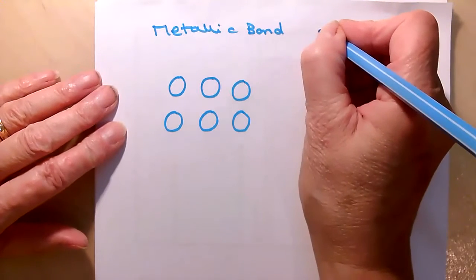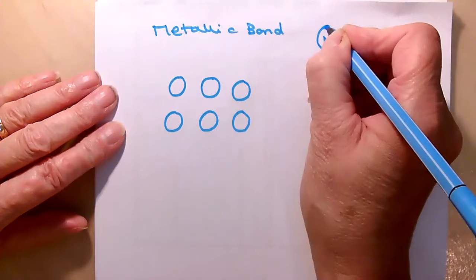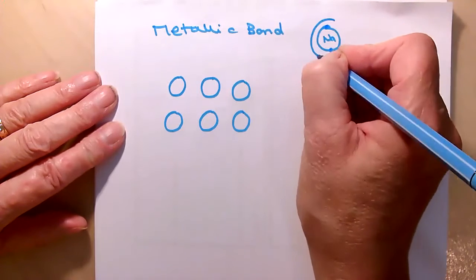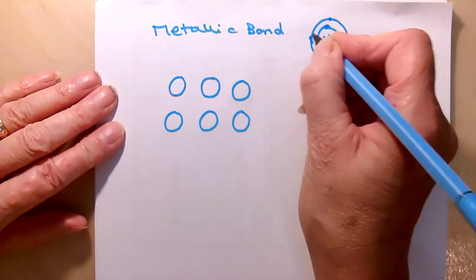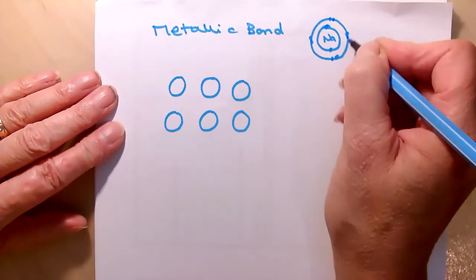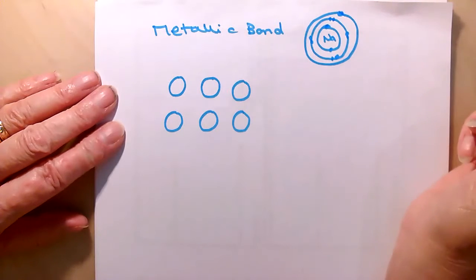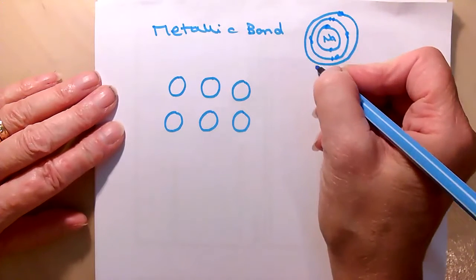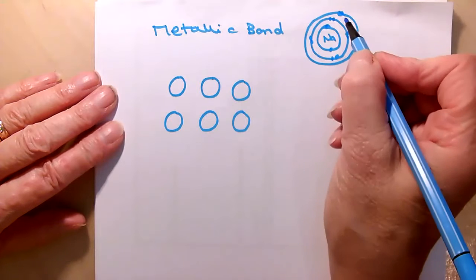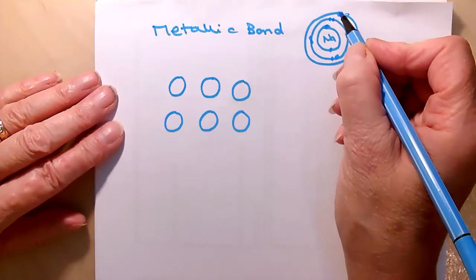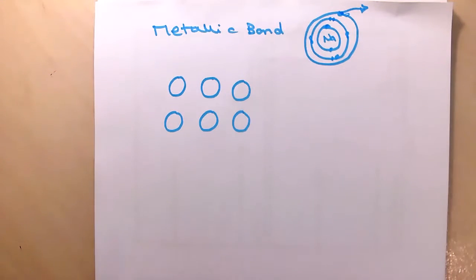So if we think of sodium, I'll draw sodium here. Sodium has 2 electrons in its inside shell, 8 electrons in its next shell, and then 1 electron in its very outside shell. So this is our sodium atom, but in metallic bonding, this outside electron is donated to the rest of the structure.